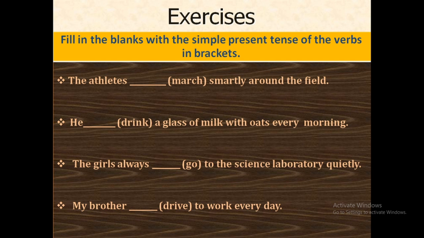Here the question is whether we have to use the base form or S form of the verb. Since the subject is plural, we have to use the base form of the verb. So the answer will be march. The athletes march smartly around the field.